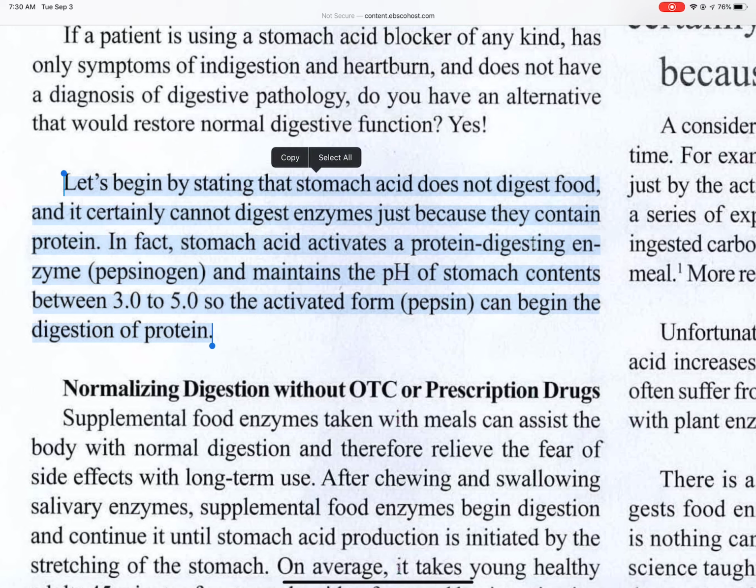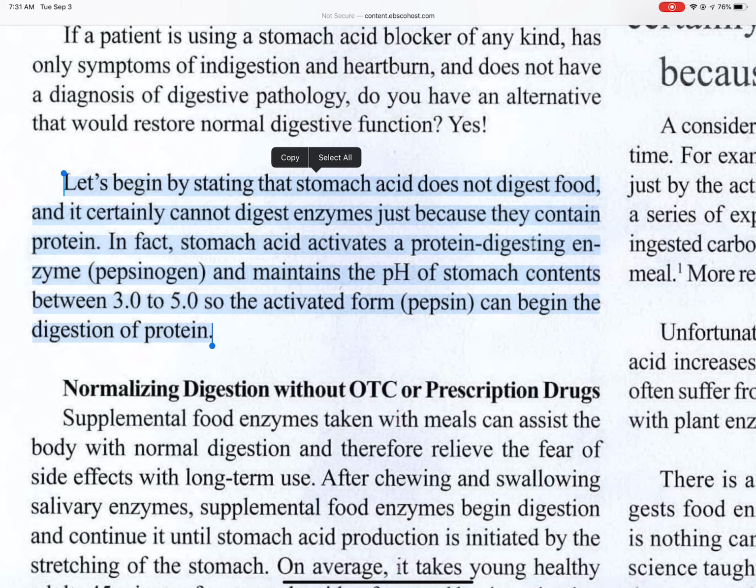Here we go. Let's begin by stating that stomach acid does not digest food. It certainly cannot digest enzymes because they contain protein. In fact, stomach acid activates a protein-digesting enzyme called pepsinogen and maintains the pH of stomach content between 3 and 5 so that the activated form, pepsin, can begin to digest the protein. So there you go, that's the information you need.